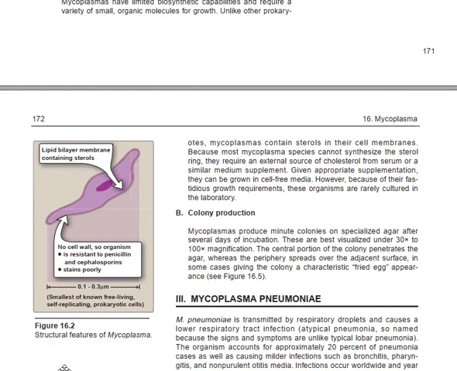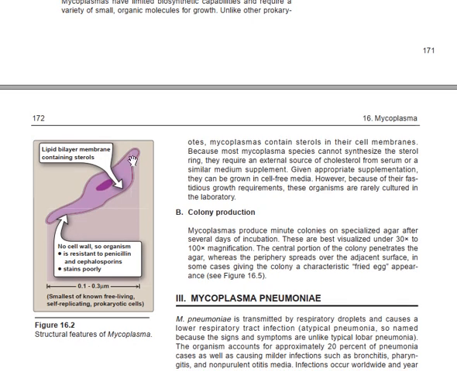So this is a structural feature of a Mycoplasma. You see the structure is not the typical pattern. There is no cell wall, so the organism is resistant to penicillins. There is no need to give penicillin to Mycoplasma because it does not have a cell wall that is going to be acted upon by the penicillins. Is it clear?